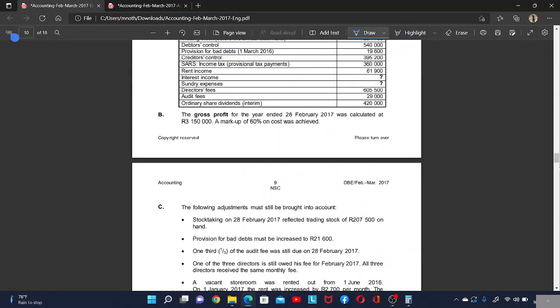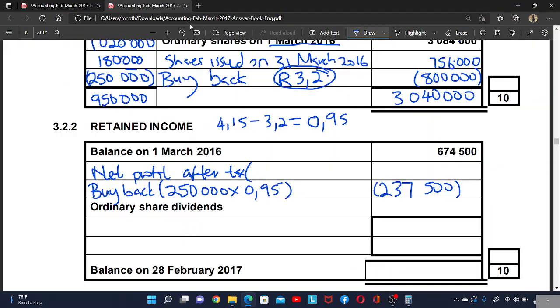We have the interim dividends here, ordinary shares. We are told that these are the interim. They were 420,000. So let's record the interim dividends: 420,000.